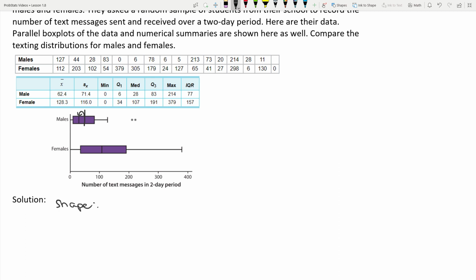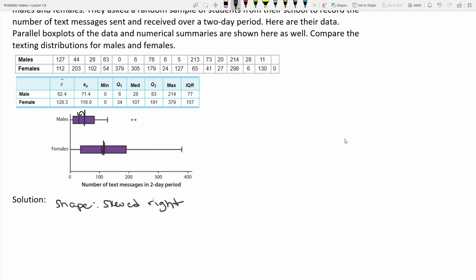In the middle of the box for the other one, this is kind of close to the middle of the box, so I would not use this guideline to determine whether it's skewed left or skewed right. I would look at the whiskers. So we won't be able to use a guideline here because it's too close to tell. But we do know that the right whisker is longer, so this is also skewed right. So both distributions are skewed to the right.